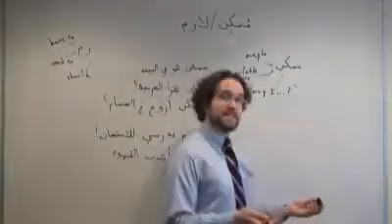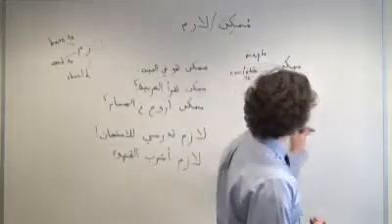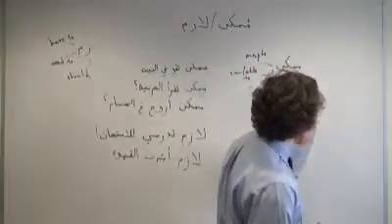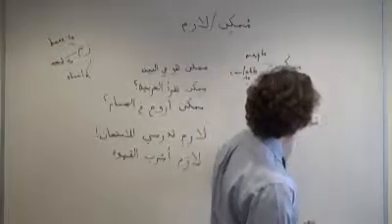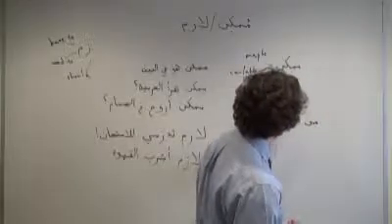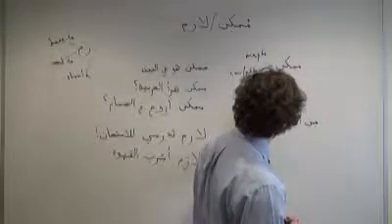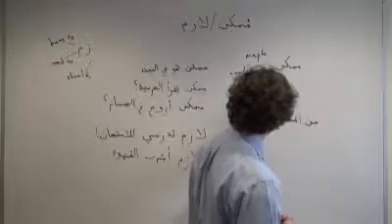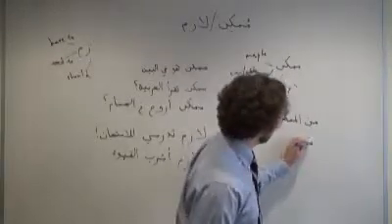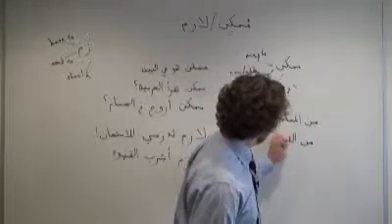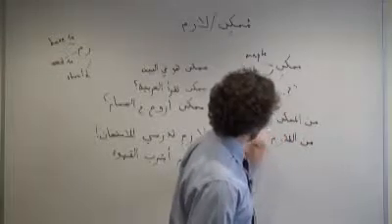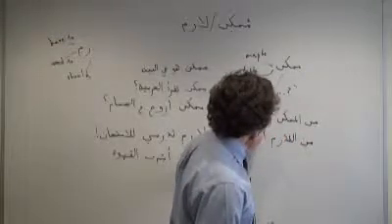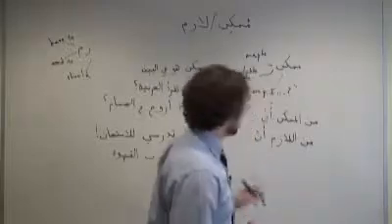If we want to express the same kinds of ideas, we can begin a sentence like this with min al-mumkin an, or min al-lazim an. So we have some extra.